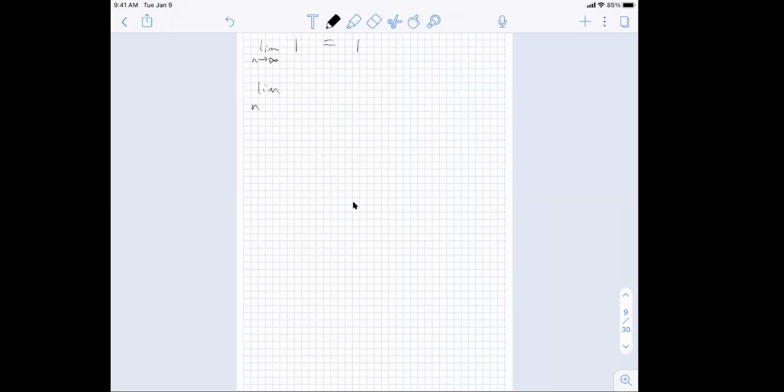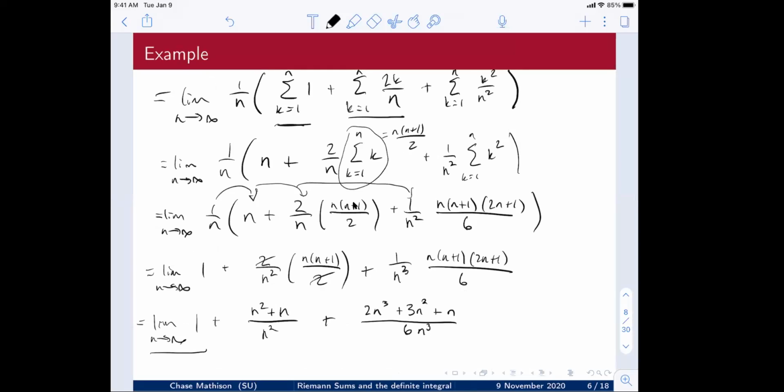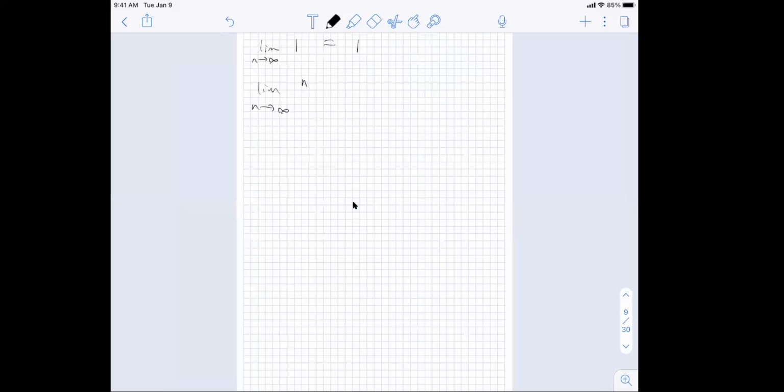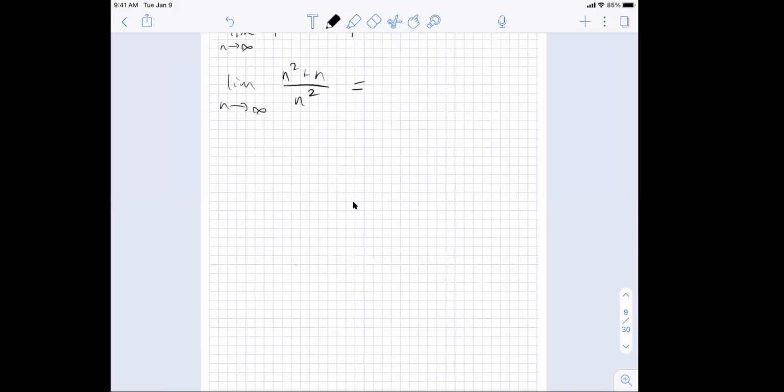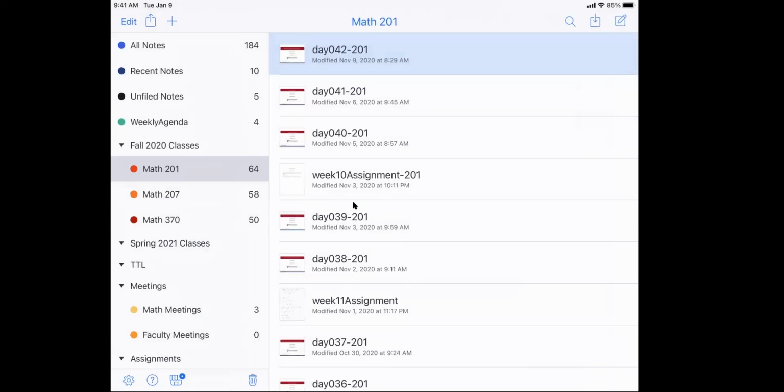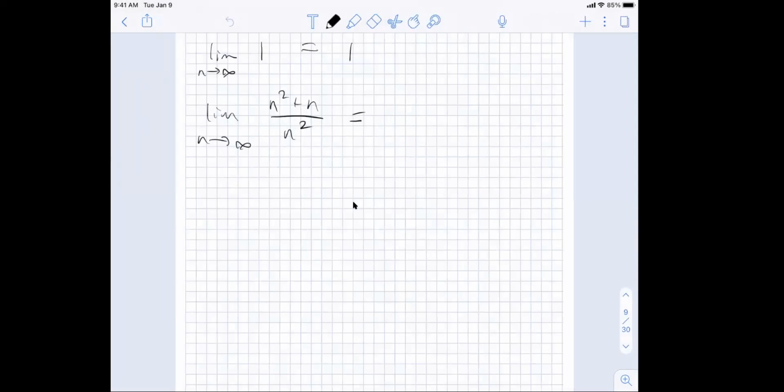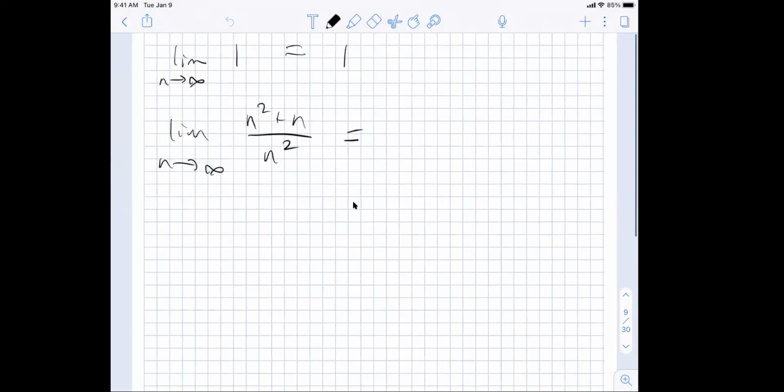What's the limit as n goes to infinity of n squared plus n divided by n squared? Who remembers?